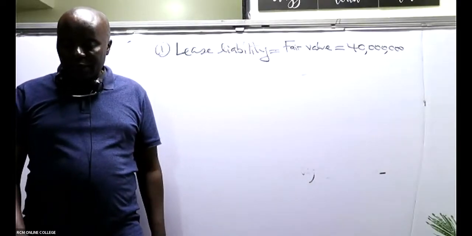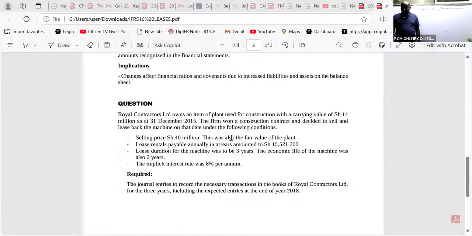They have told us here the fair value of the asset, that selling price, 40 million. This was also the fair value of the plant. And then you can see lease rentals are payable in arrears.